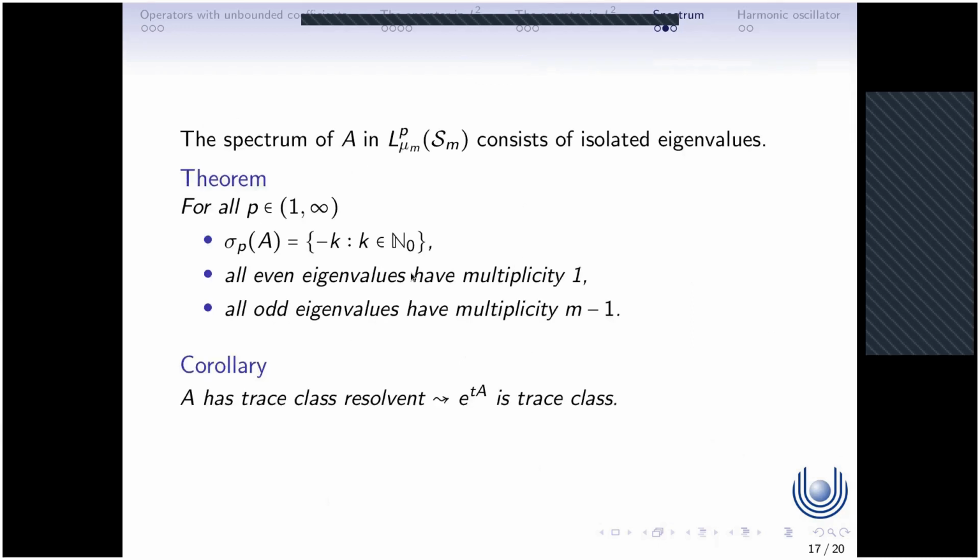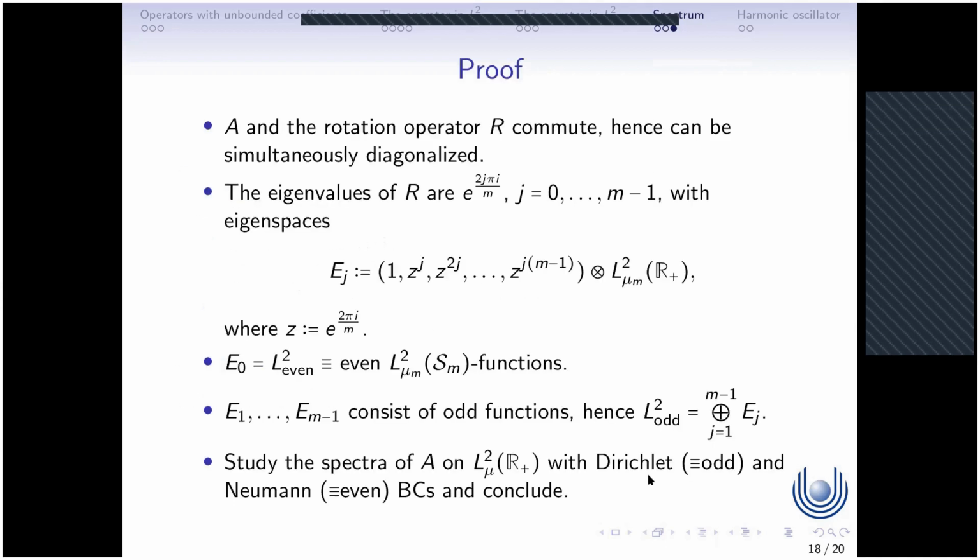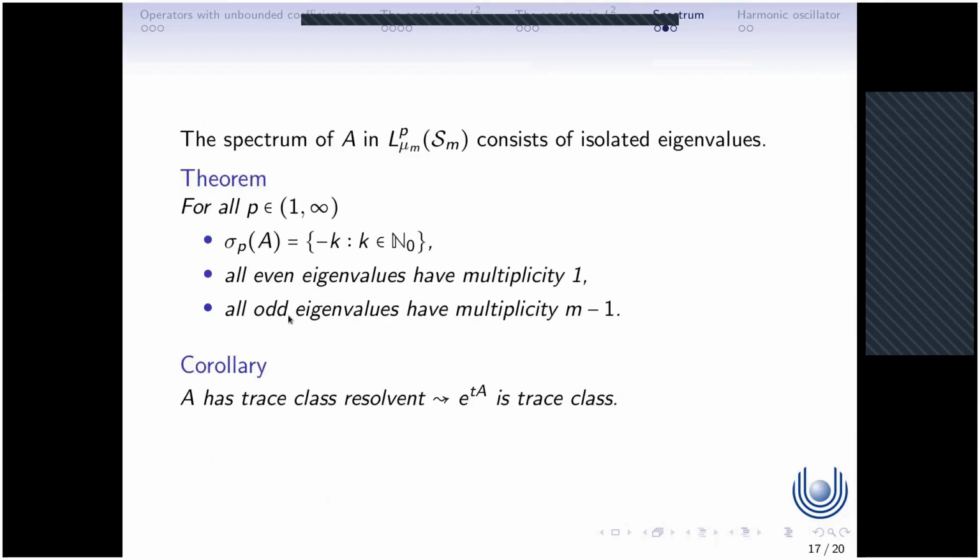So for even functions, then you get the eigenvalues for Dirichlet functions, then you get the odd eigenvalues, and then because you have n-1 copies of these half lines, you get this multiplicity, and for Neumann you get the remaining eigenvalues.